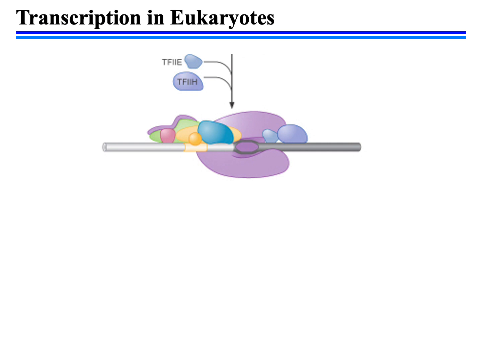TF2H is a multifunction enzyme. It does have helicase activity, which hopefully you remember that helicases unwind nucleic acids. So this would be important to pull apart the two strands of DNA to allow for transcription to occur.